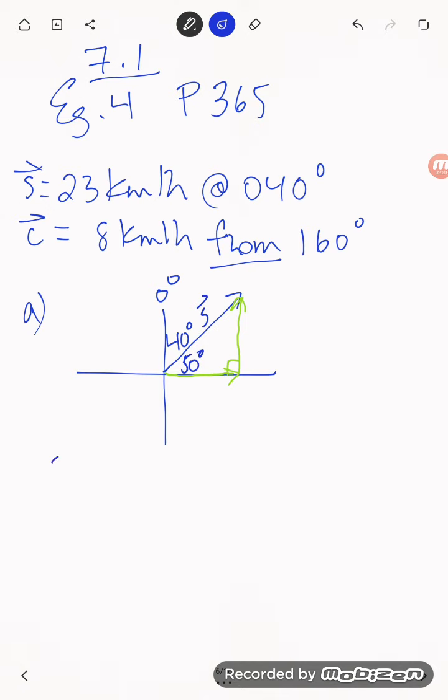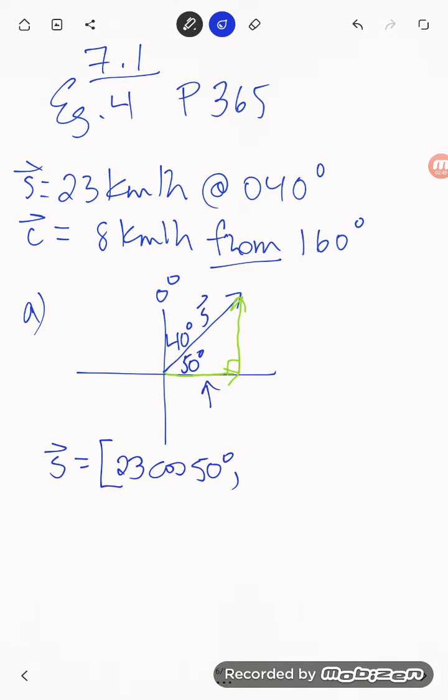And so to write the ship's velocity as a Cartesian vector, my first component will be the horizontal component of this velocity, which is going to be the ship's velocity, 23 kilometers per hour, times the cosine of 50 degrees. And cosine because it is adjacent to the 50 degrees.